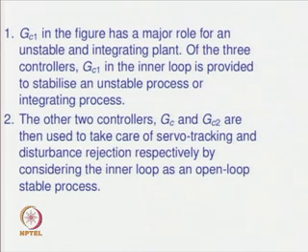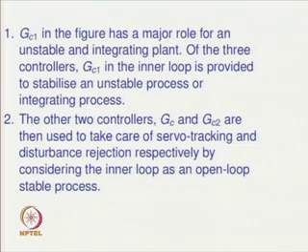Also, it can relocate the positions of poles of stable processes. The other two controllers, as I have said earlier, GC and GC2, are used to take care of servo tracking and disturbance rejection by considering the inner loop as an open loop stable process.